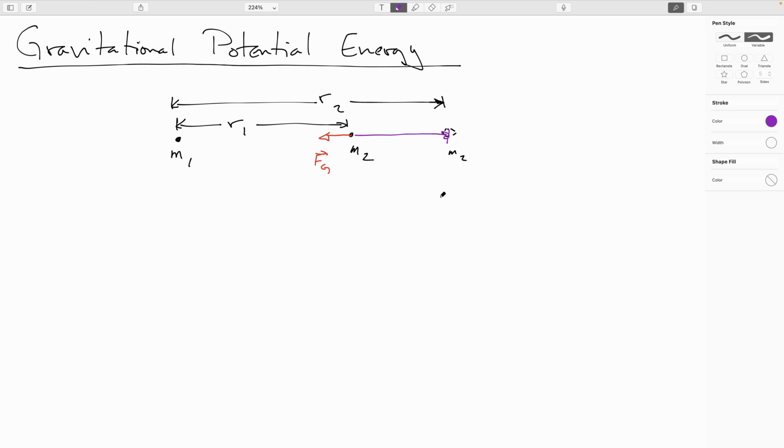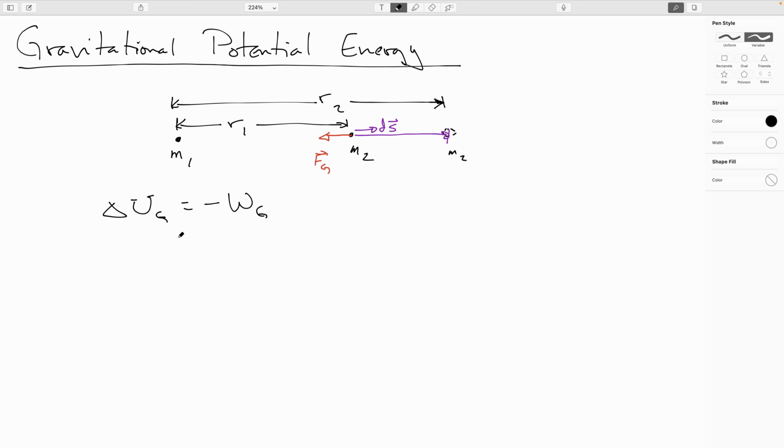All right, so we will take a look at a differential of displacement here, ds, and take it from there. So to that end, we know that the change in the gravitational potential energy will be equal to the negative of the work done by gravity as we move from one to the other.